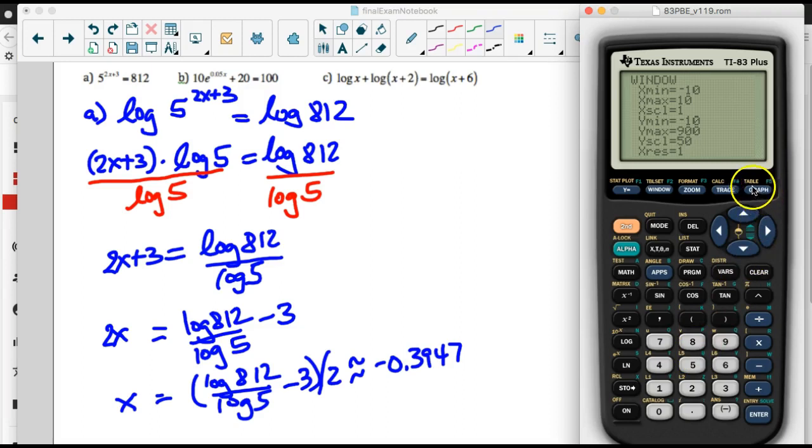So I'm going to push graph here now. I think the answer should be around negative 0.39, so this window for x is fine. It's between negative 10 and positive 10. So we should see the intersection when we graph. So here's one of them, and there's the 812.